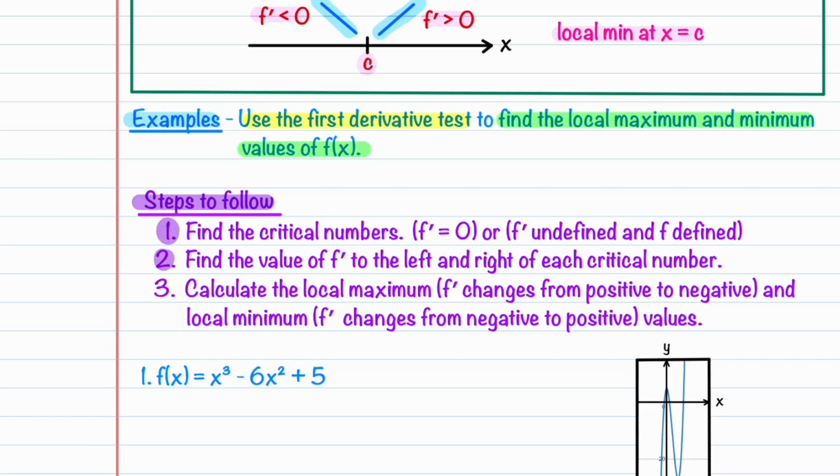The second step is to find the value of f prime to the left and right of each critical number. And then our third step is to calculate the local maximum. That is going to be where f prime changes from positive to negative. And then find the local minimum, and that is where f prime changes from negative to positive.